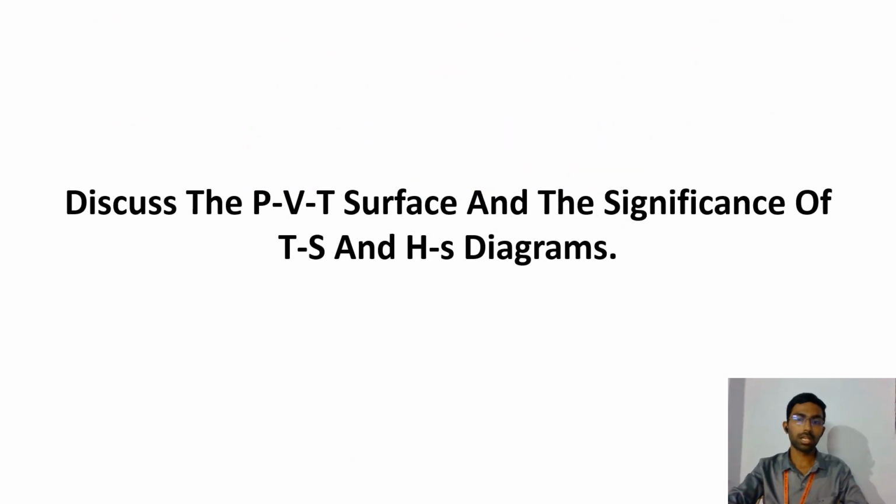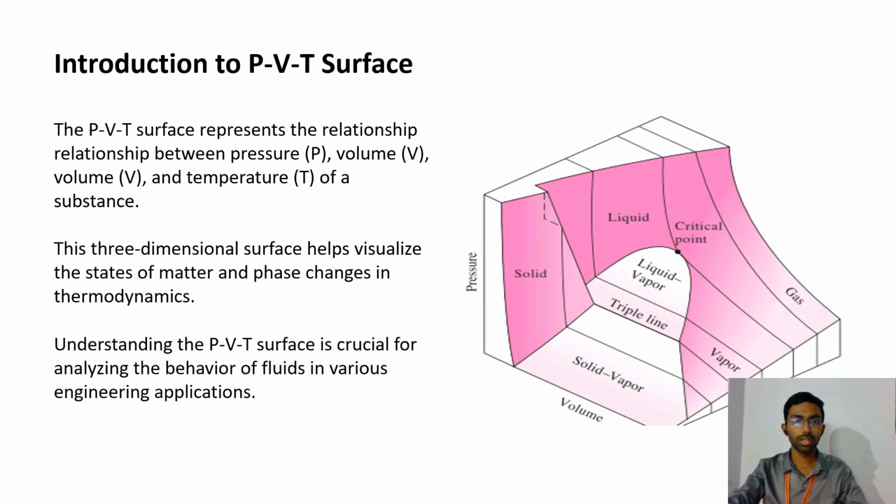In thermodynamics, the topic is to discuss the PVT surface and the significance of TS and HS diagrams. Introduction to PVT surface. The PVT surface represents the relationship between pressure, volume, and temperature of a substance.